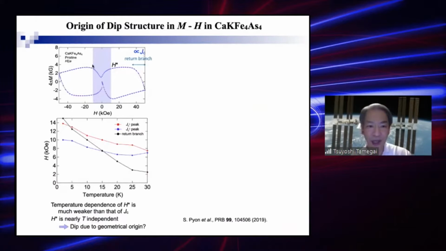So coming back to this Jc(H) structure with the field parallel to the ab plane, this H star is nearly temperature independent, although Jc is increasing like this. So it may suggest that this H star is determined by a geometric factor.